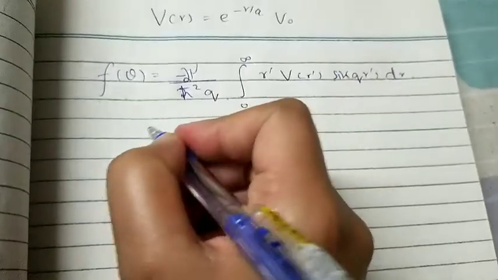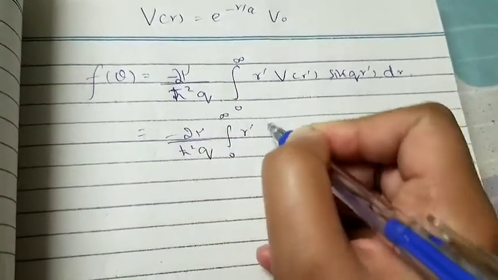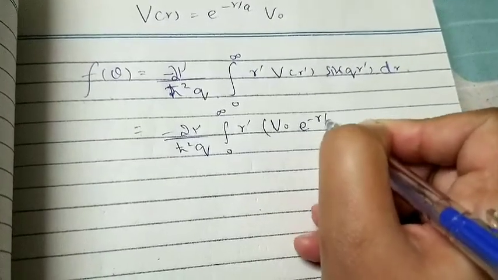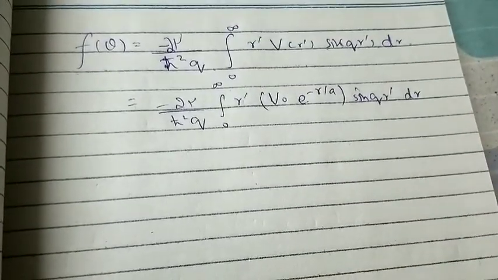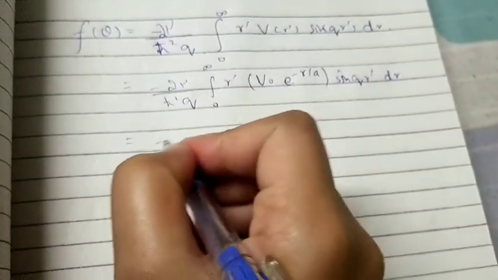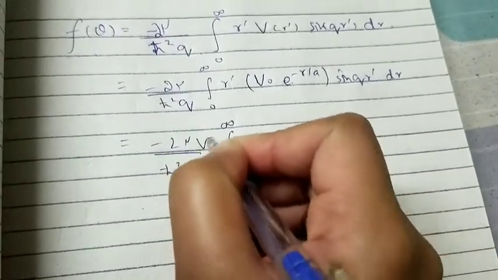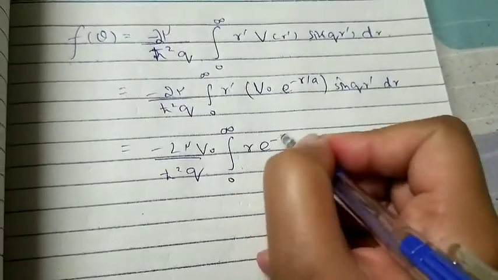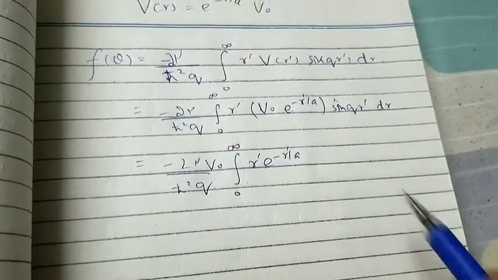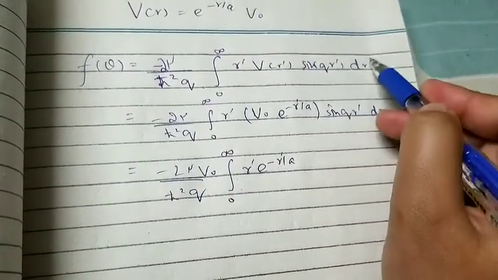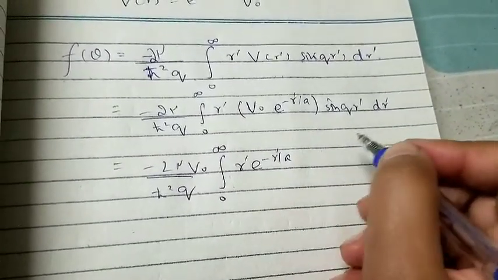Now we are putting the value of the potential there, which is v naught e to the power minus r by a, sine q r prime dr. Here v naught will come out of the integral, and these are all in prime coordinates, because it requires it.